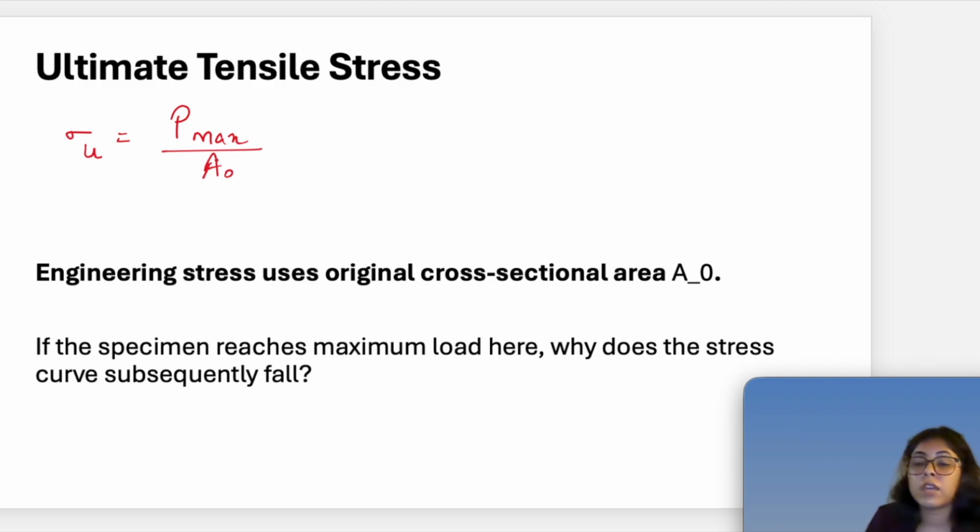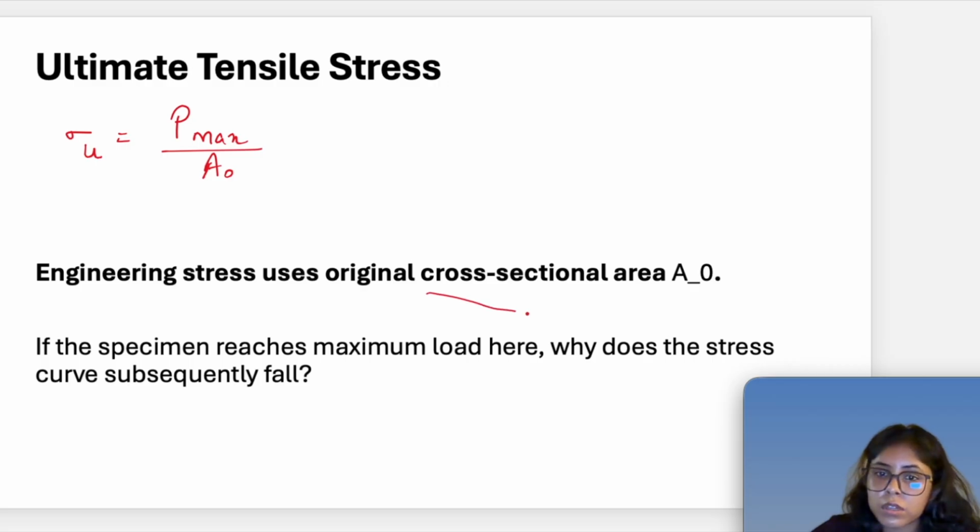The area which was initially there, that we call A naught, the original area. We don't take the current area, the true area, right? We have to take the original area because it's engineering stress, not true stress. So engineering stress uses the original cross-sectional area. So this is A naught.